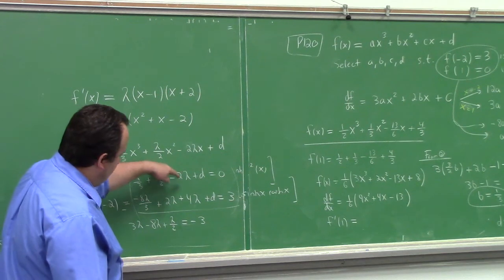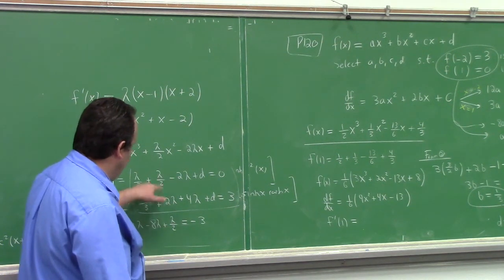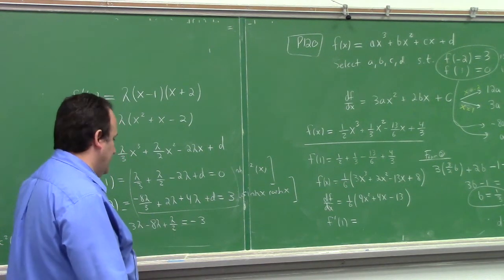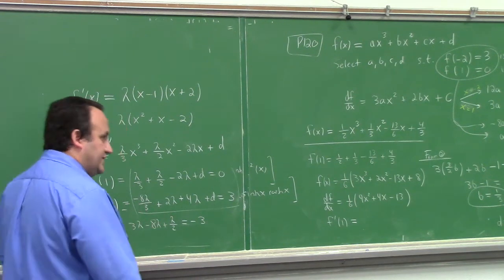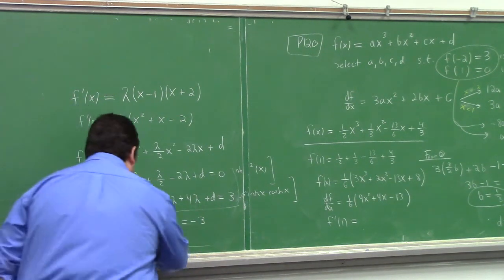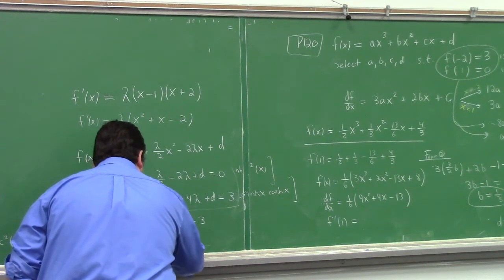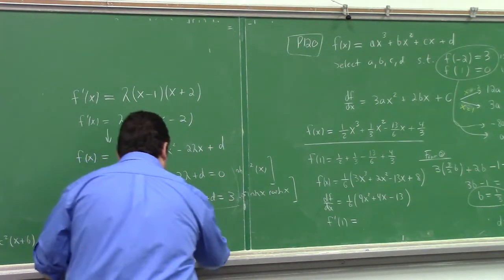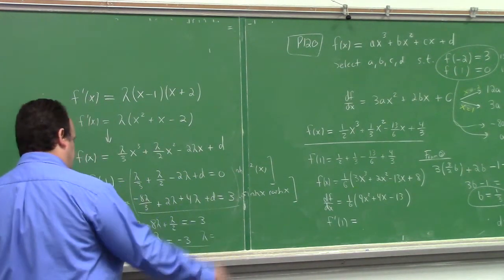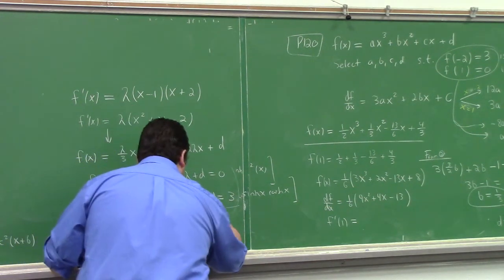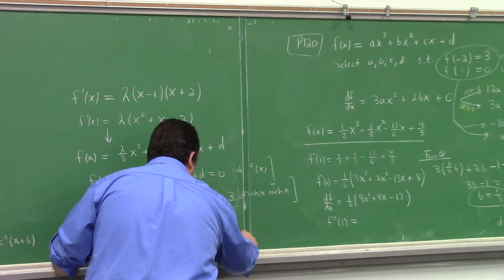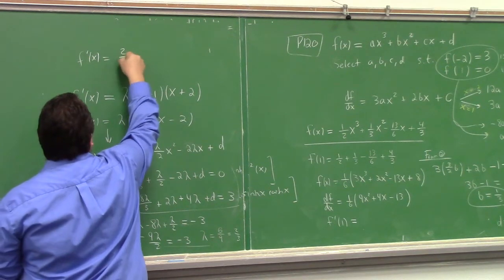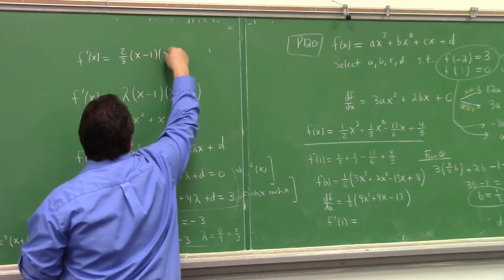And then I've got minus 2, minus 2, minus 4 gives me a minus 8. 3 minus 8 is minus 5. Minus 5 plus 1/2 is minus 9/2. Minus 9 lambda over 2 equal to minus 3. So lambda is what? 6 over 9. 2/3. So allegedly, f prime of x is 2/3 times x minus 1 times x plus 2.